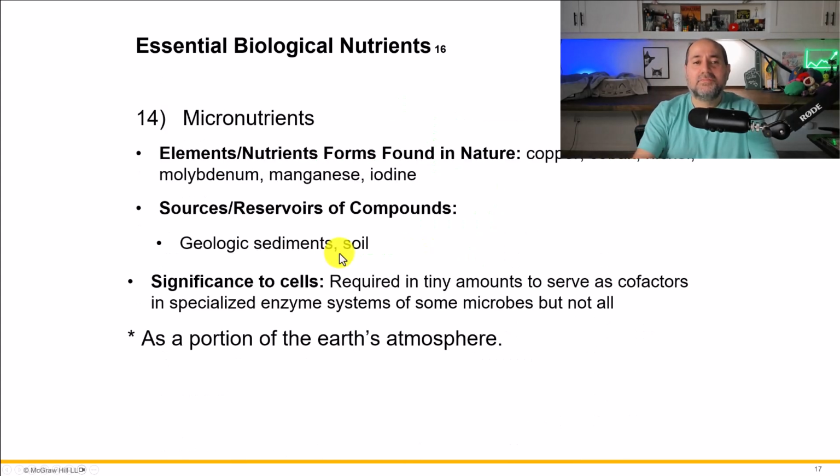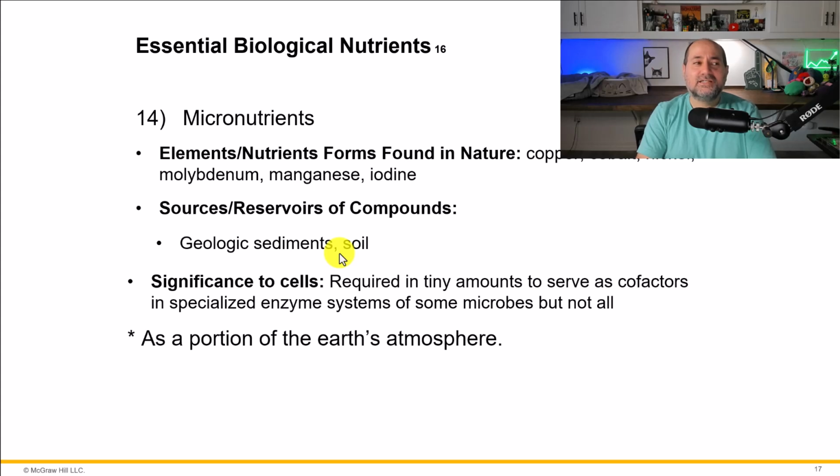And then the other micronutrients or trace elements. By the way, do you know what micronutrients or trace elements are called in your diet? Do you ever think about that? They're called minerals, right? Have you ever heard of vitamins and minerals, right? That your diet needs vitamins and minerals.